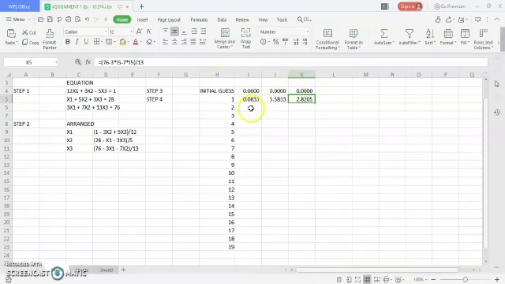So here we got all the values for the initial iteration and first iteration.